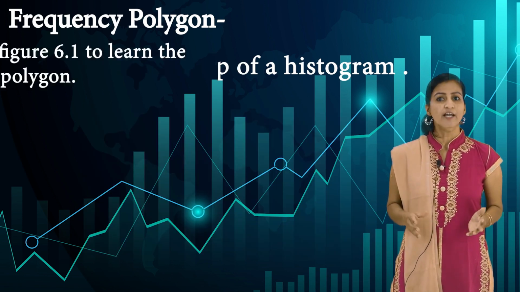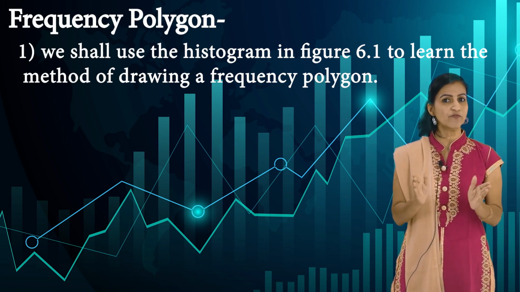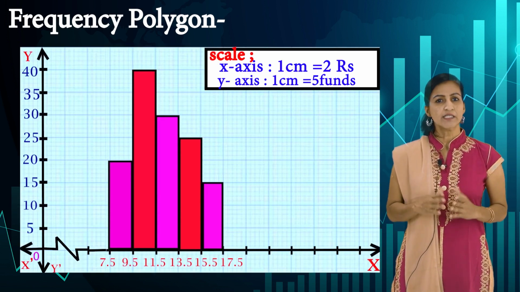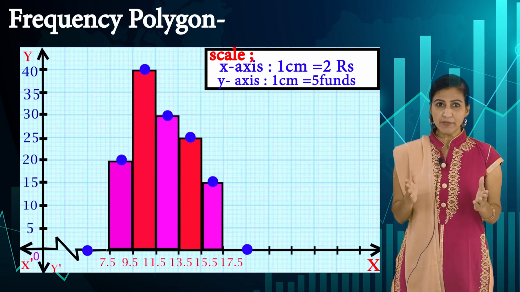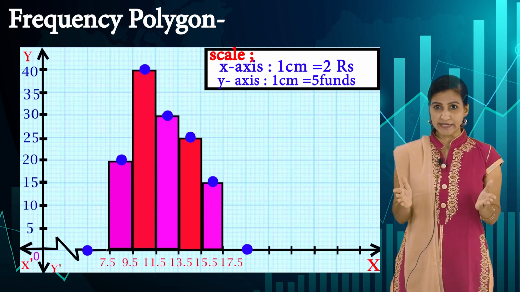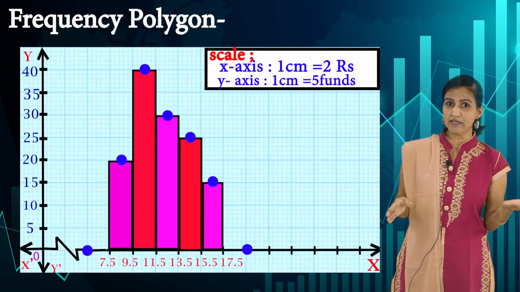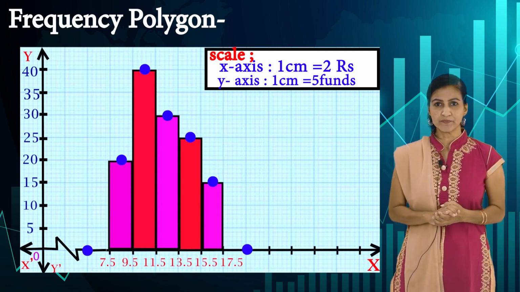Method number 1. We shall use the histogram in figure 6.1 to learn the method of drawing a frequency polygon. Subpoint 1. Mark the midpoint of the upper side of each rectangle in the histogram. Subpoint 2. Assume that a rectangle of 0 height exists preceding the first rectangle and mark its midpoint.